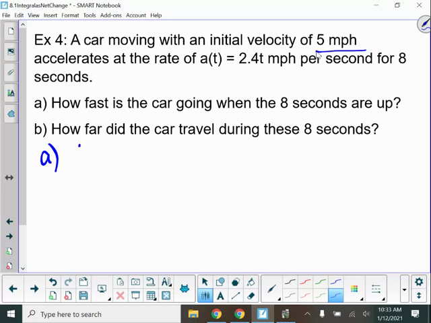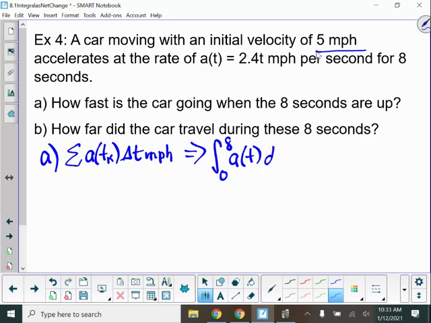You can either think about this as a summation of the acceleration at all the times the rate of change in time, miles per hour. But that doesn't really make sense for this type of question. So what we really want to do here is think of this as an integral. So from 0 to 8 of my acceleration, and then dt.